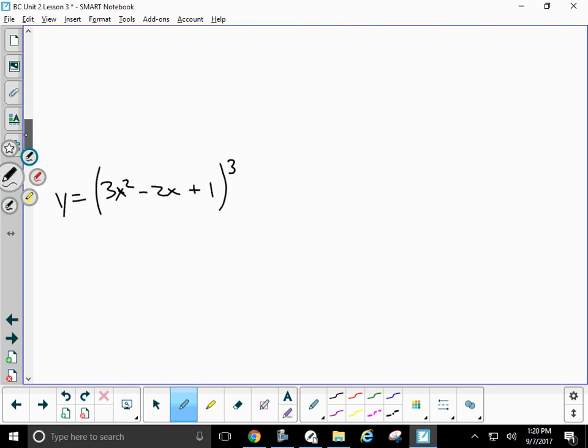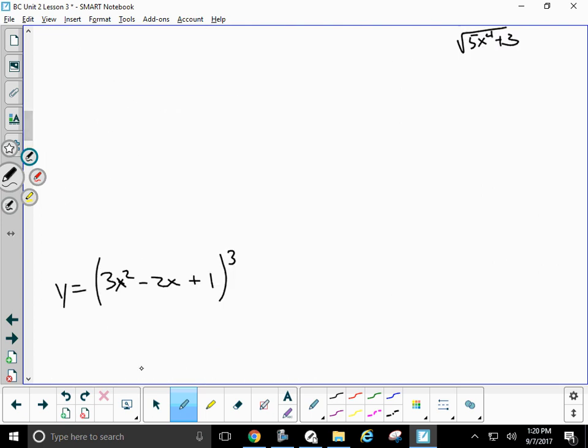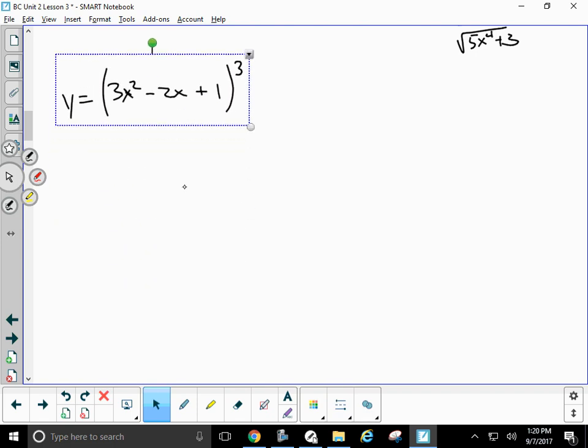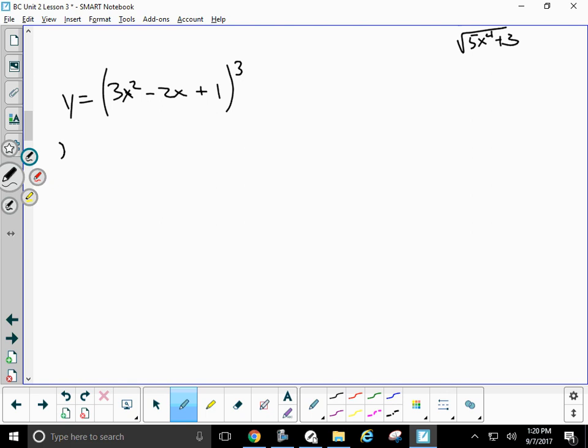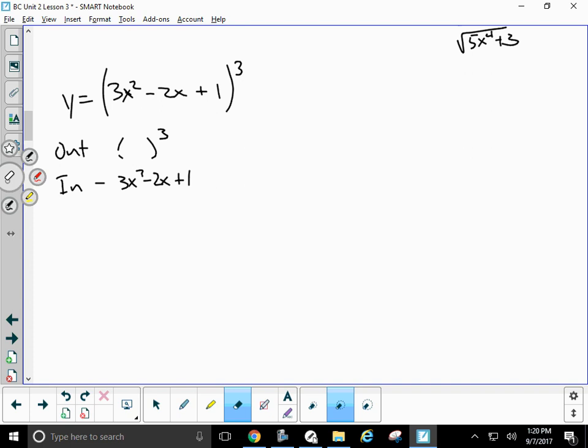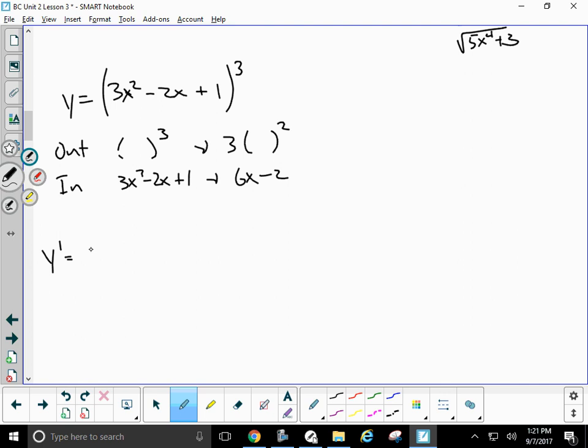Okay, check your answer with a neighbor for the derivative of this. Okay, simple. 3x squared minus 2x plus 1 squared times 6x minus 2.